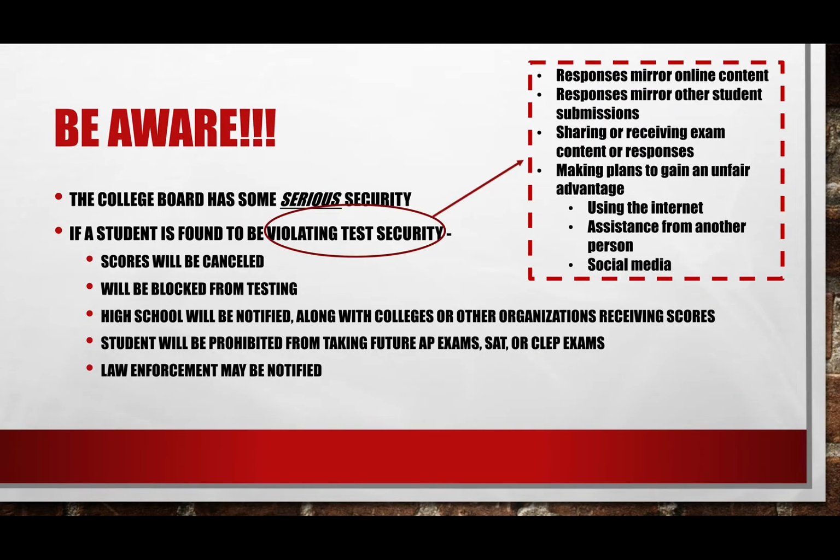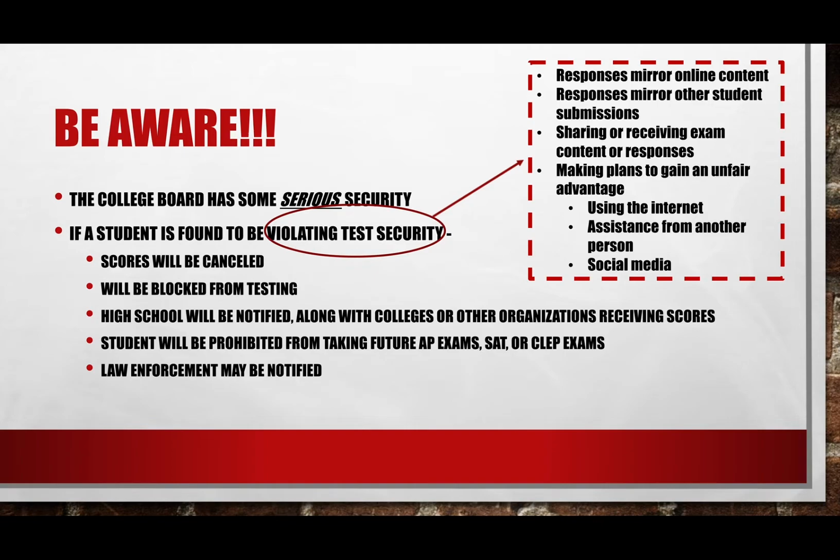All right, the reason that I say this is because the College Board has some serious security, and to be honest, which they should, they've got some trust issues, and I don't blame them. All right, I'm your teacher, I love you dearly, but I don't blame them. If a student is found to be violating test security, now what does violating test security mean? It means that if your responses mirror online content, so if your stuff looks like it came from something online, and you're like, well, how are they going to know?